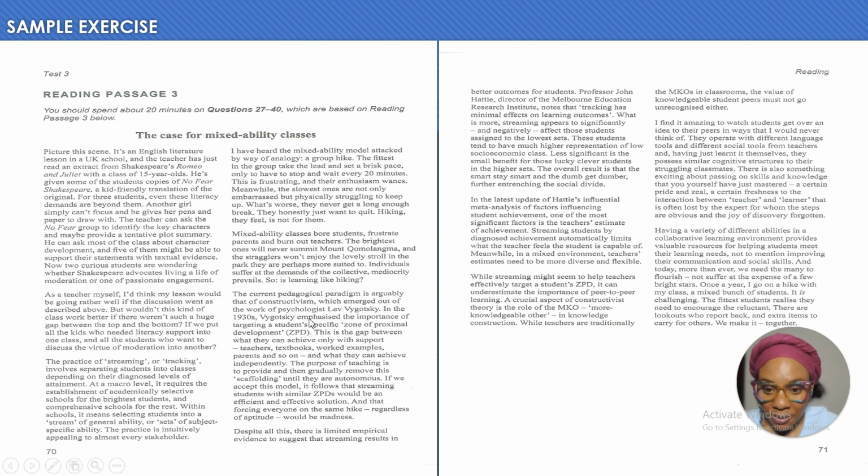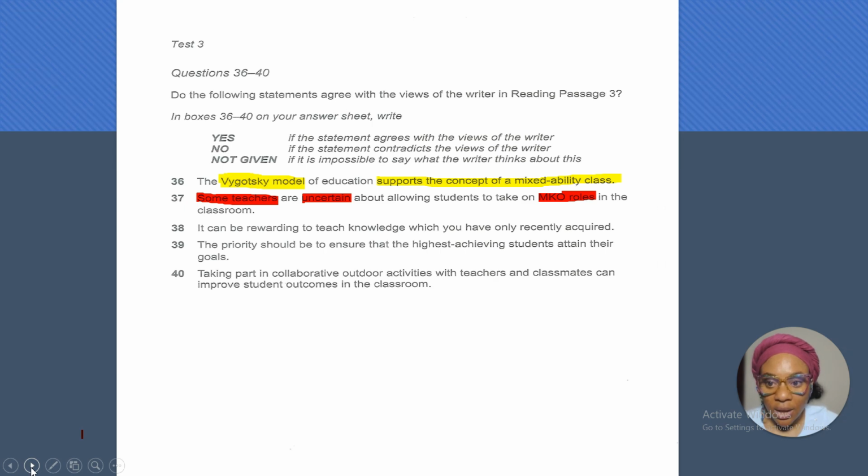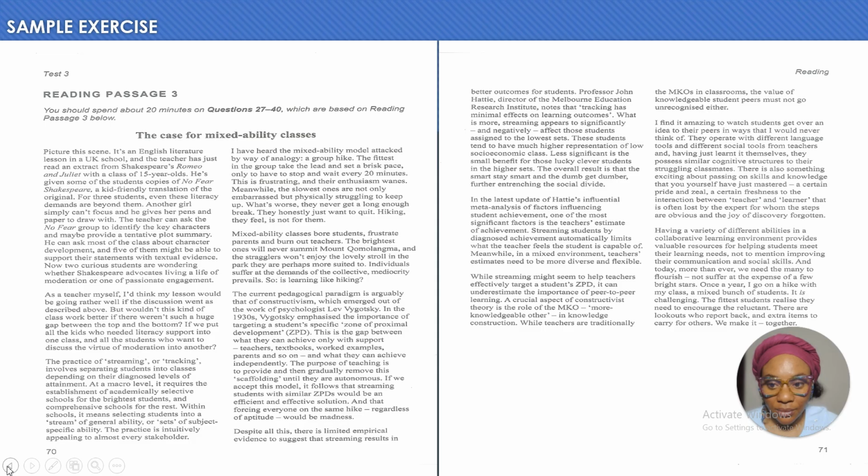Now it's on the first page, page 70, paragraph 1, 2, 3, 4, 5, 6. Paragraph 6, where you have the first mention of ZPD in brackets. All right. Now we found the area. Let's go back again to revise the question. So the Vygotsky model of education supports the concept of mixed ability class.